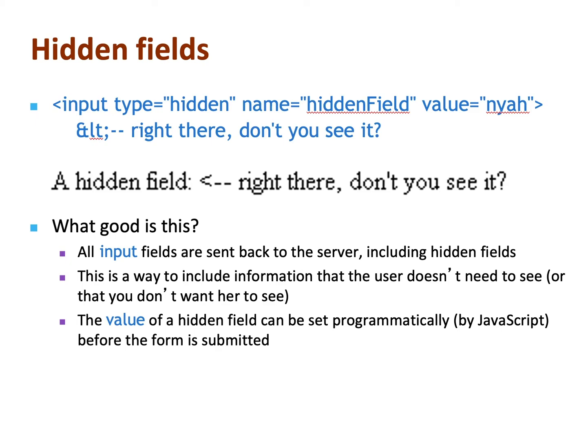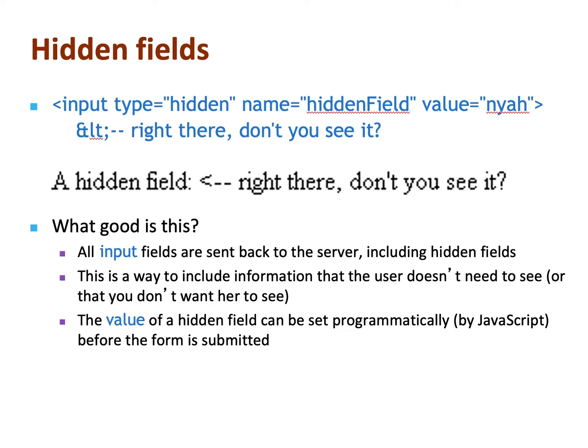Then we name the hidden field, so obviously here it's hidden field, and then we define the value. That value will be sent back to the server and submitted via JavaScript. You can see here it doesn't actually show anything in the field itself, because around this we have HTML, so you don't see it, it's empty.